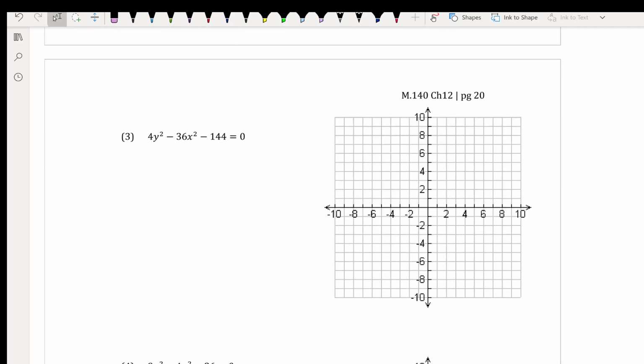Now, for this one, I have to get it into that standard form, so I'm going to have to do that completing the square. Remember, your goal is to always get it equal to 1. So I am going to add 144 to both sides. So I can have a 4y squared minus 36x squared is equal to 144. Now I'm going to divide everything by that 144 so I can get it equal to 1.